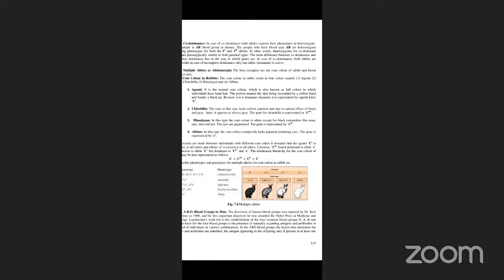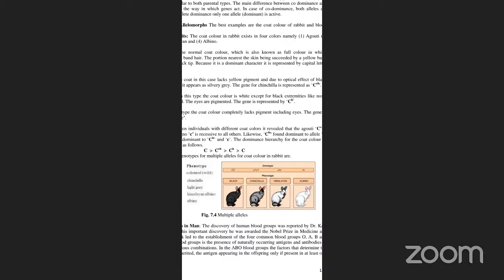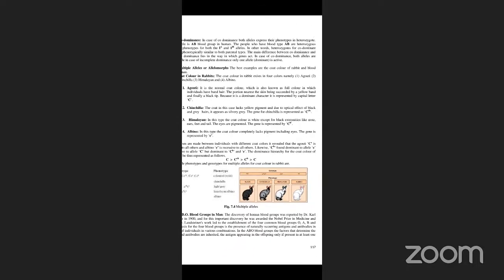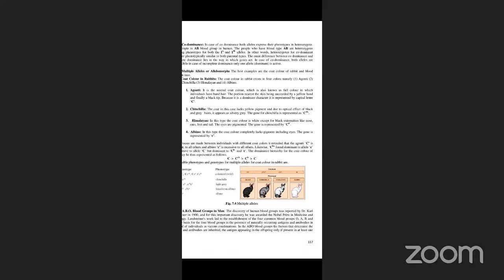It is represented by capital C. Then chinchilla lacks yellow pigment but has black and gray, so its hair appears silvery gray. Then Himalayan looks a bit white, except the extremes are black. Then albino is completely white.